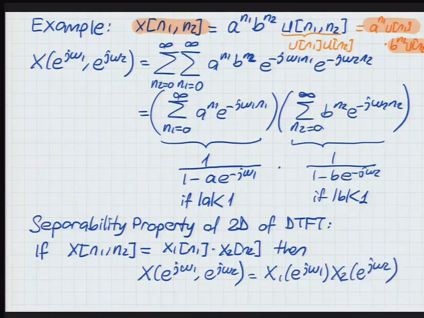The reason is very simple. Essentially what we did in the example is the proof, right? In the example we were able to separate the signal as a function of two things, and then we split the double sum as a product of individual sums. So same thing works if x has this separable form. And then you have two separate summations. One gives you this, and the second gives you that. So it's as simple as that, right?